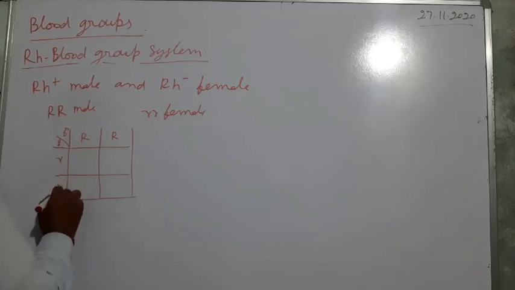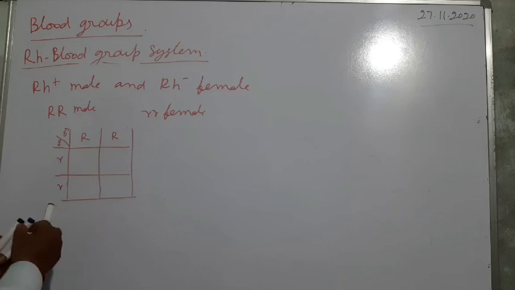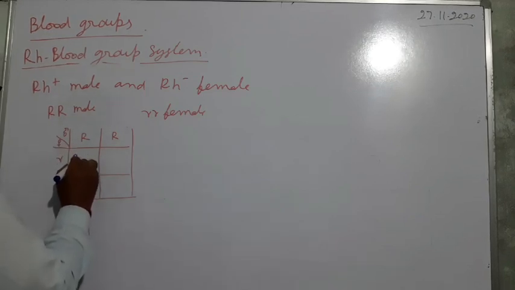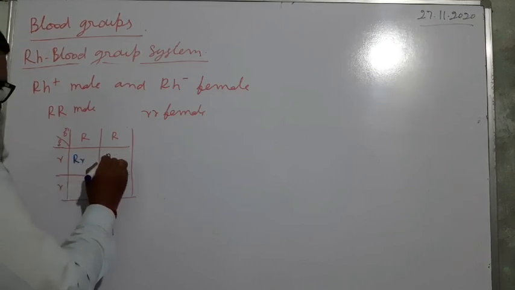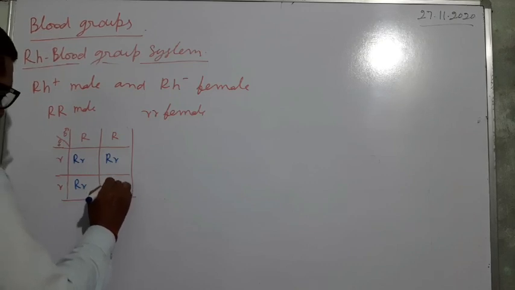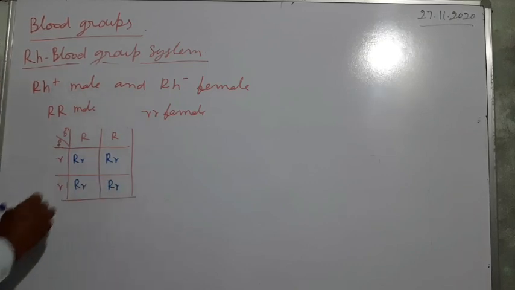The offspring will have Rr, Rr, Rr, Rr. In this situation, all the offspring will be RH positive.